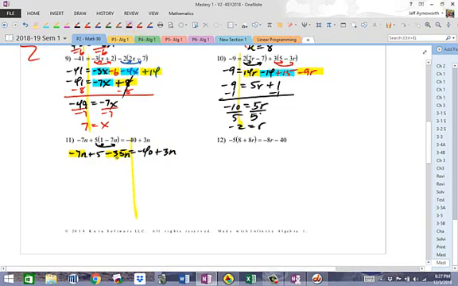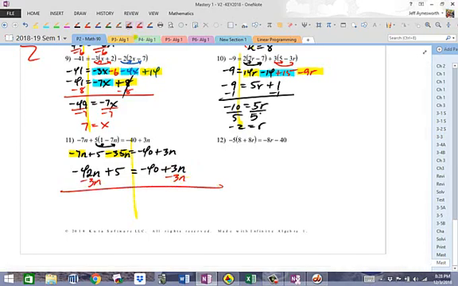Negative 7 and minus 35 is a negative 42n. And then I'm going to bring down the constant 5, and then set it to negative 40 plus 3n. I got variables on both sides, so I'm going to collect them on one side. So I'm going to subtract 3n on both sides. And I get a negative 45n plus 5 is equal to negative 40.